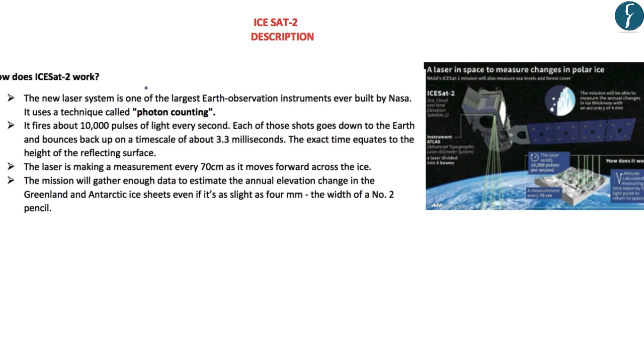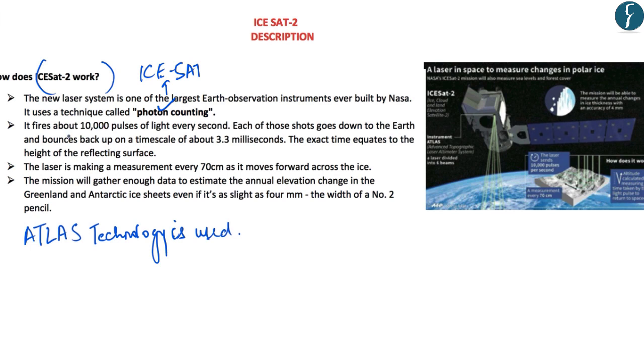Now, we must also have a rough idea as to how ICESat is supposed to work. The important thing to remember here is that a technique known as photon counting is used in the working of ICESat, and ATLAS, or Advanced Topographic Laser Altimeter System, is used as a technology within ICESat-2.